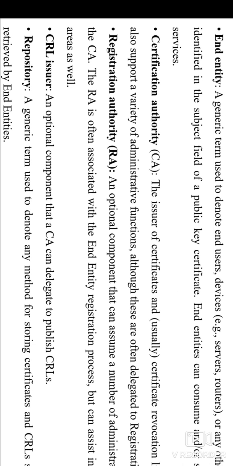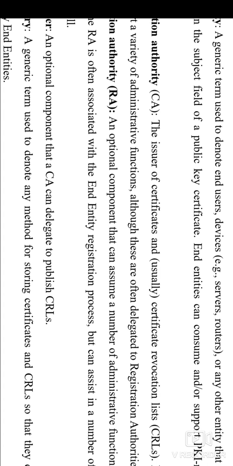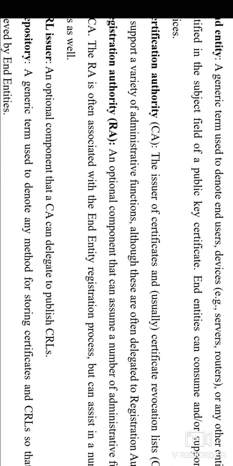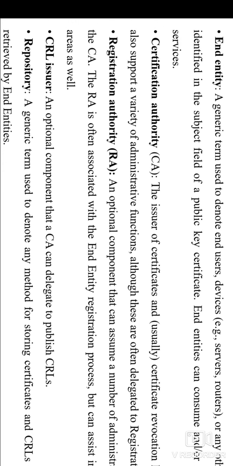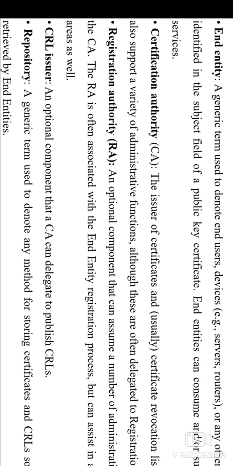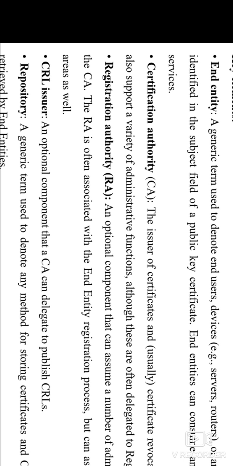It is an optional component, it is not a mandatory one, and the certificate authority assigns a number of administrative functions to this registration authority. As the name implies, it is mainly associated with the entity registration process, but anyway it can also assist some other functions also.